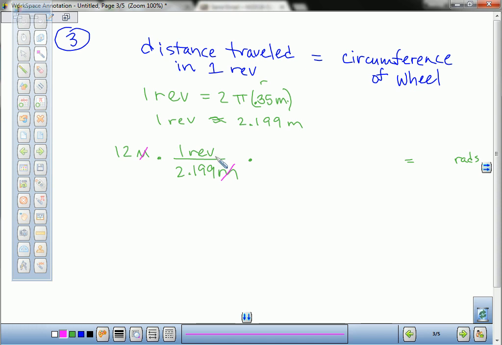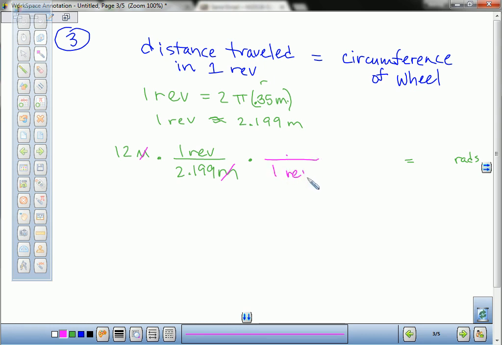But now I'm stuck with revolutions and I want to end up with radians. Is there any equivalency between revolution and radian? 2 pi, right?